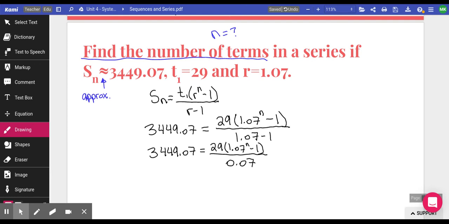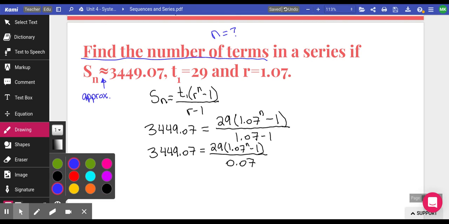My goal now is to get n by itself. Since n is an exponent, I'm really just trying to get the power by itself. To do that, I'm going to have to multiply both sides by 0.07. So I put that in my calculator: 0.07 times 3449.07 gives me 241.434.